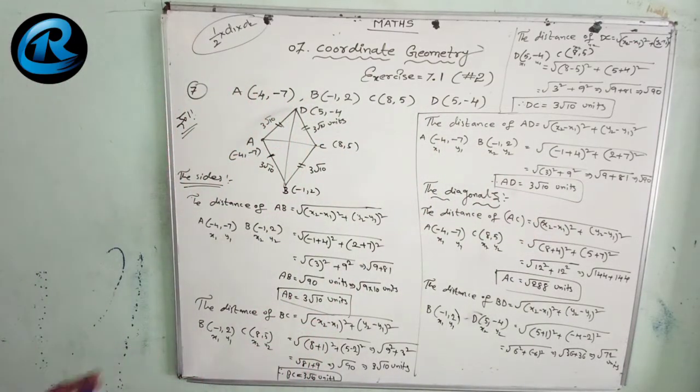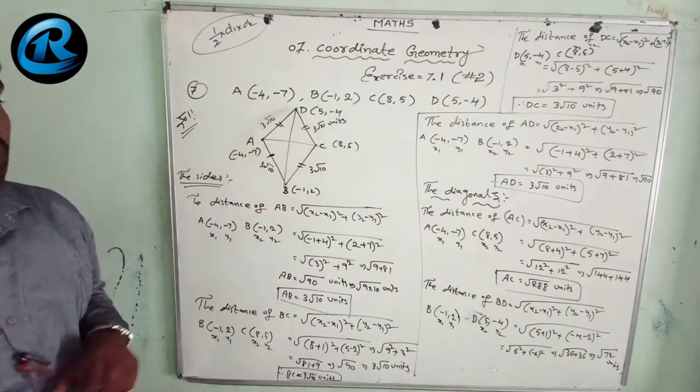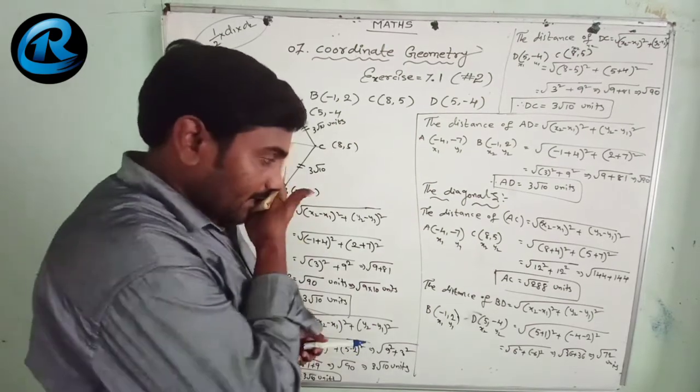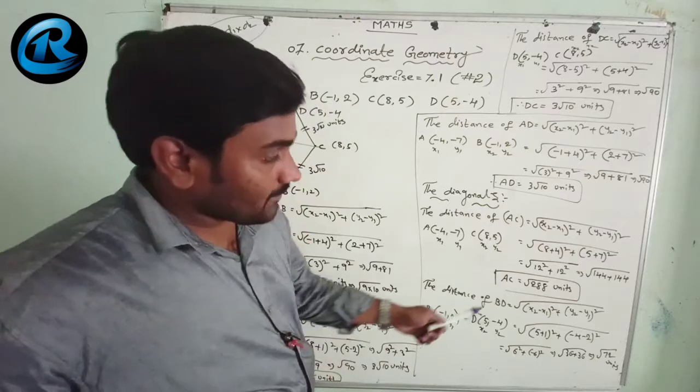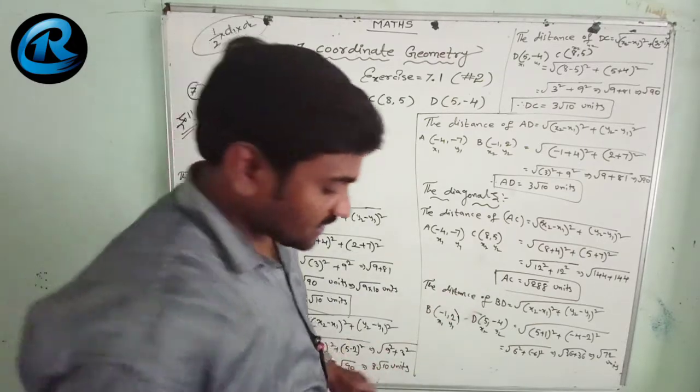Now what can we conclude here? We can confirm that all the sides are equal and diagonals are not equal. The diagonals we got are under root of 228 and under root of 72, and this can be written like this.